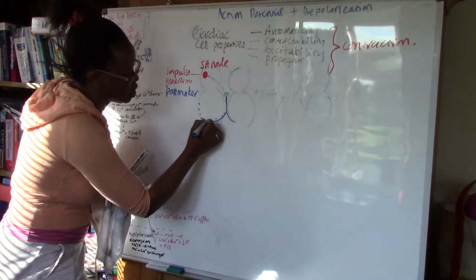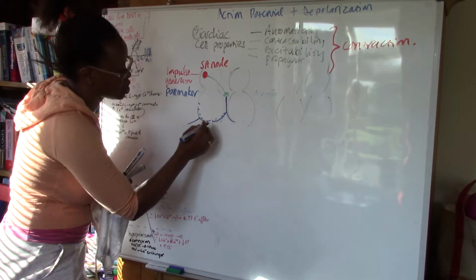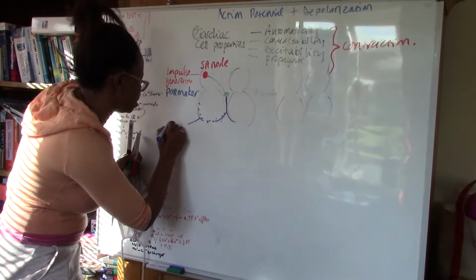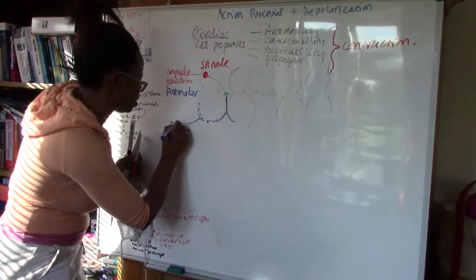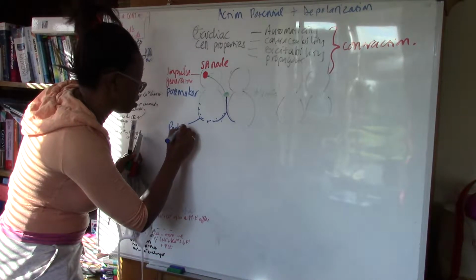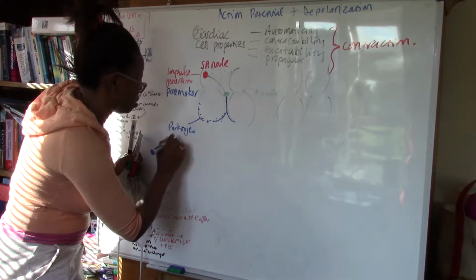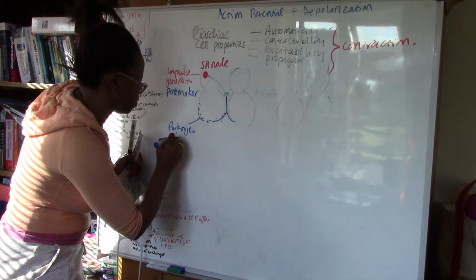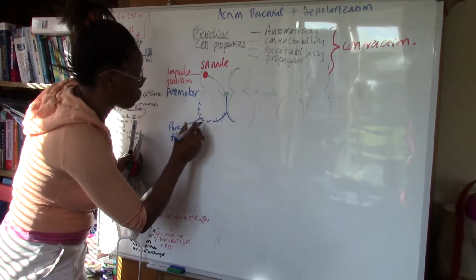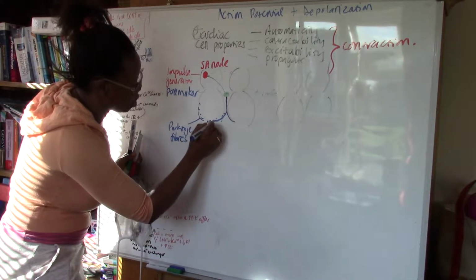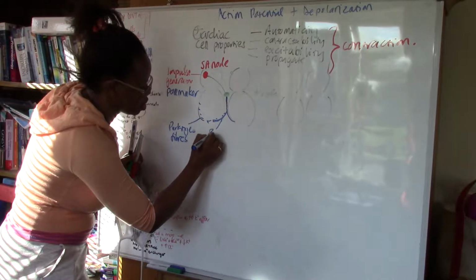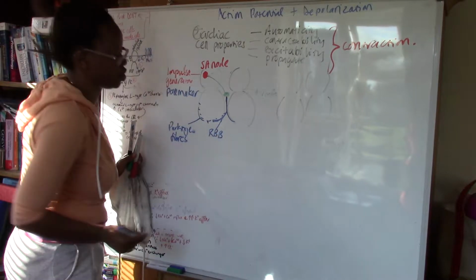So these are the Purkinje fibers of the right bundle branch, and this is the right bundle branch.